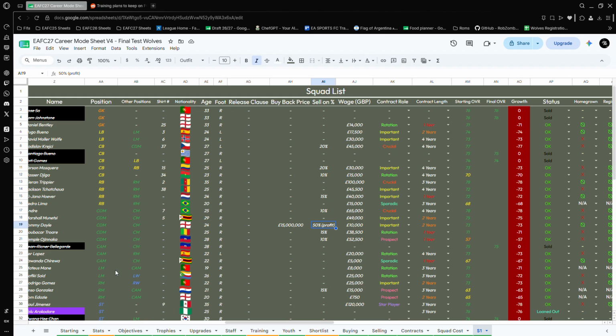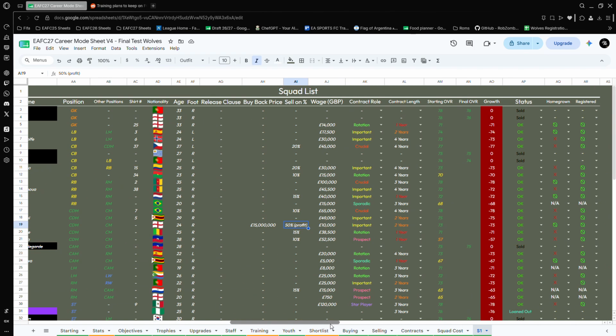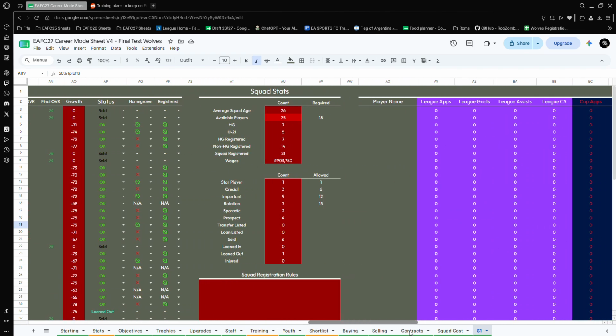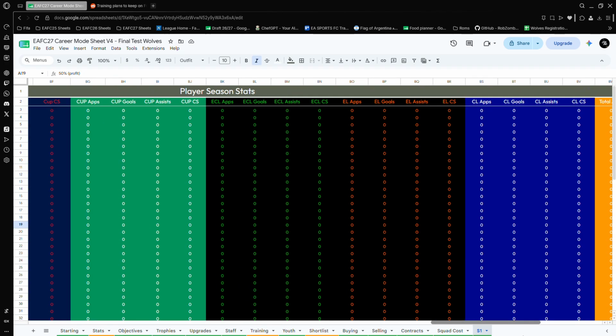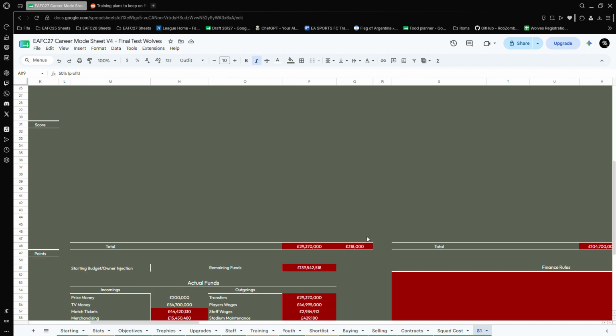So when you come to sell that player, you'll have to deduct this stuff off, and if it's a sell-on clause, add it to your transfer fee before you can do the book value as well. Other than that, everything else is the same, and you then just do your transfers.